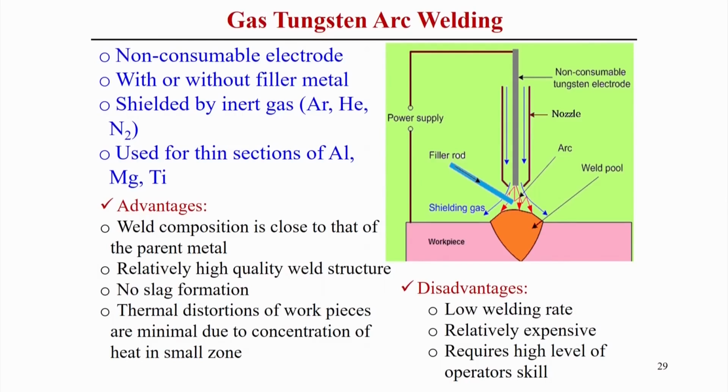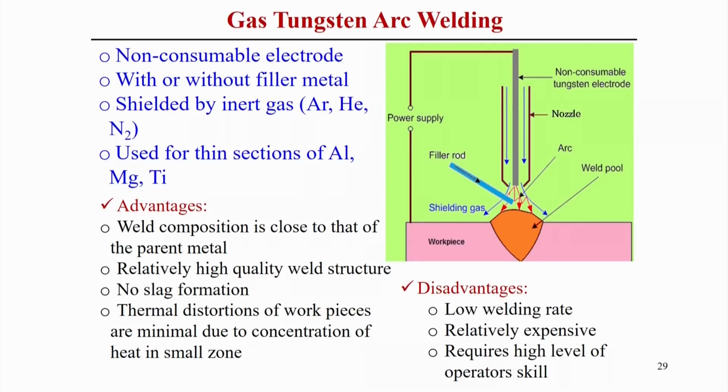But the disadvantages are a low melting rate as compared to other processes using a consumable electrode, it is relatively expensive as compared to carbon arc welding processes, and it requires a high level of operator skill. That means, to maintain the arc gap or to move the torch, high operating skill is required to get a successful weld job from this process.